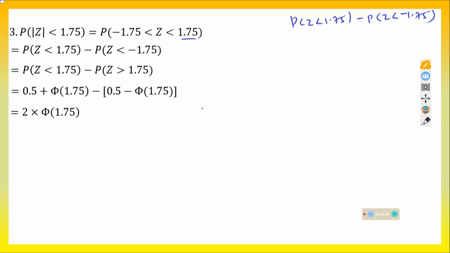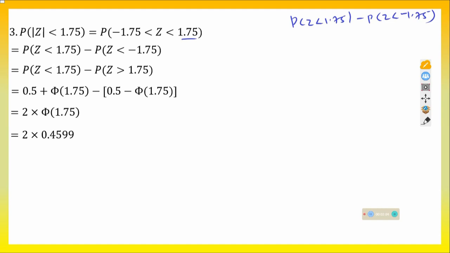So go to your tables and get that value. If we get it from the calculator using the same procedure, we only get a number up to 2 decimal places. For a number with 3 decimal places, it is better to use the tables.